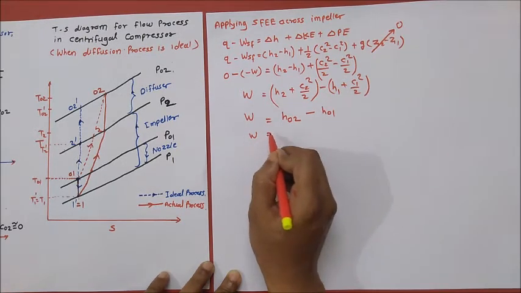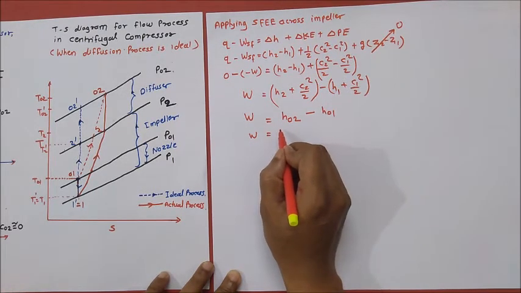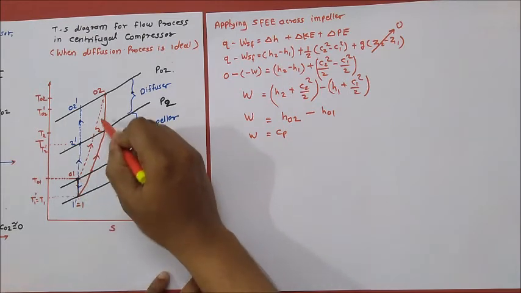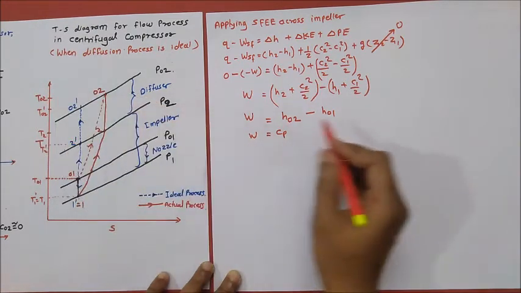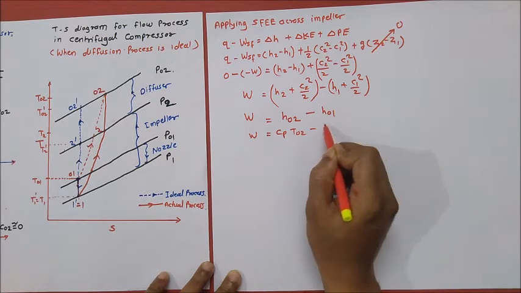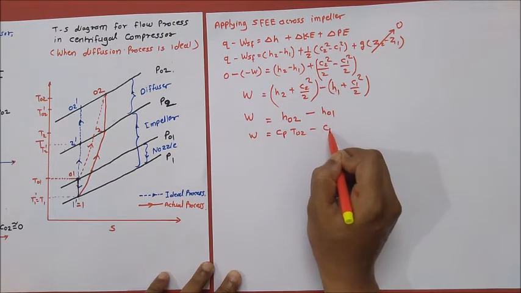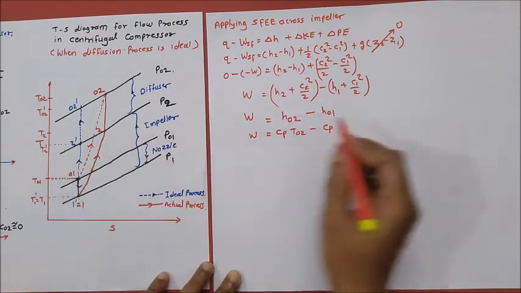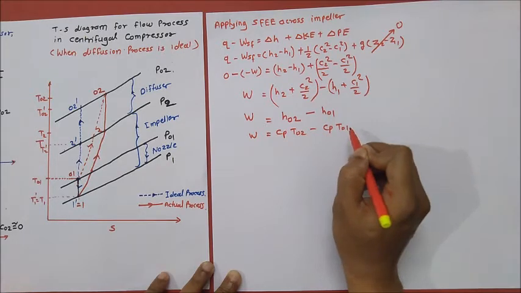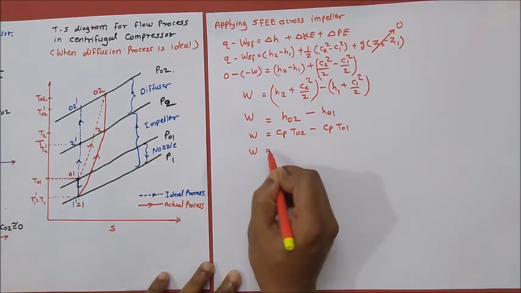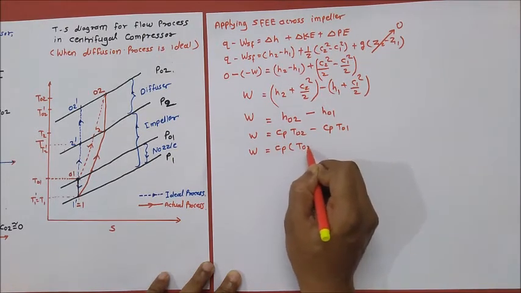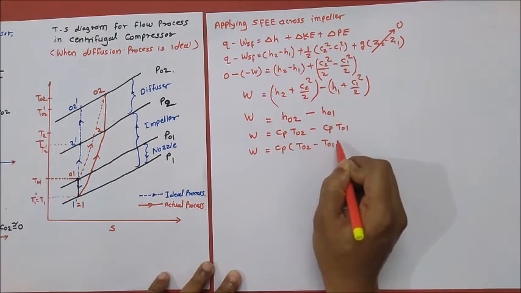We know that enthalpy is nothing but Cp into temperature. So that can also be written as Cp multiplied by temperature at state 02, that is T02, minus again at H01 it is equal to Cp into temperature at point 01, that is T01, and therefore work W supplied to the compressor is equal to Cp (T02 minus T01).